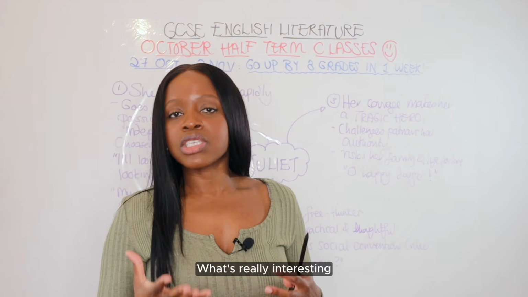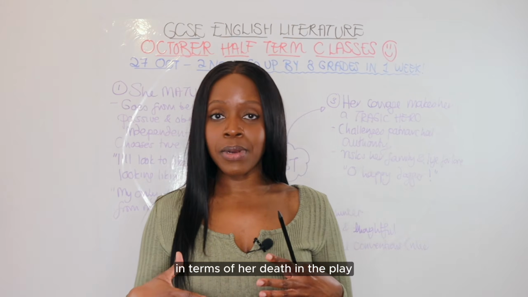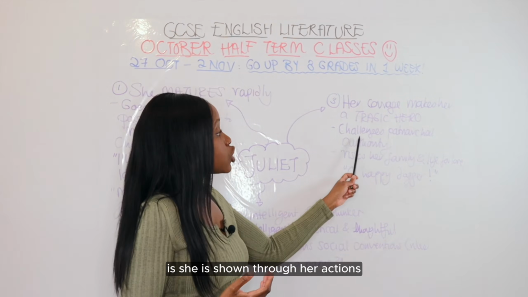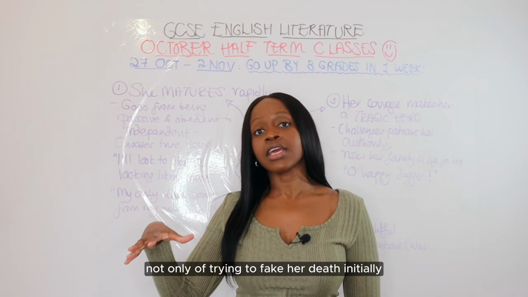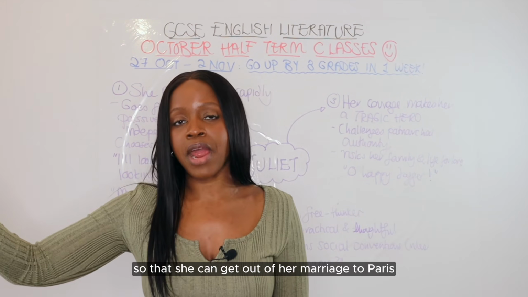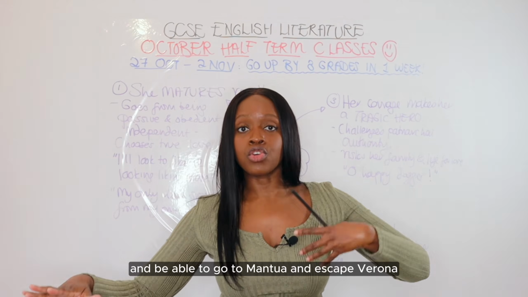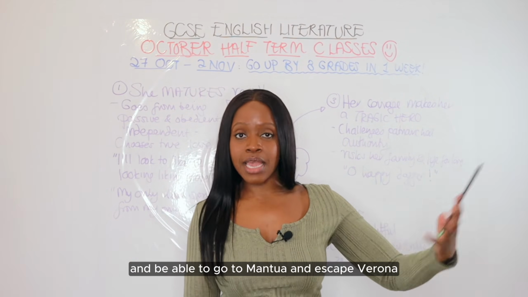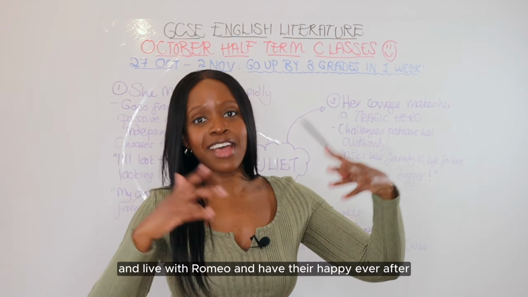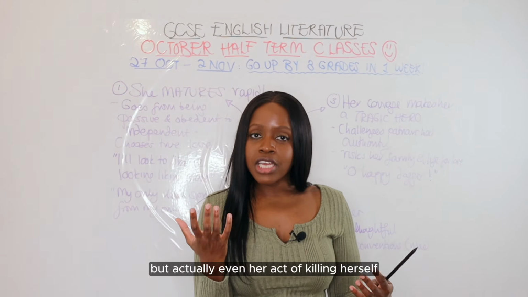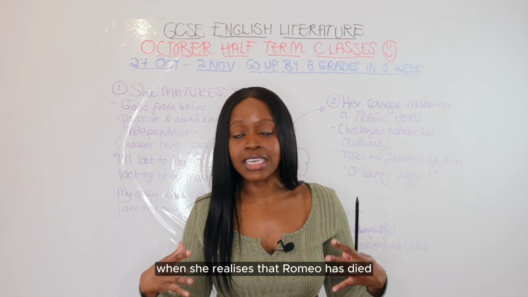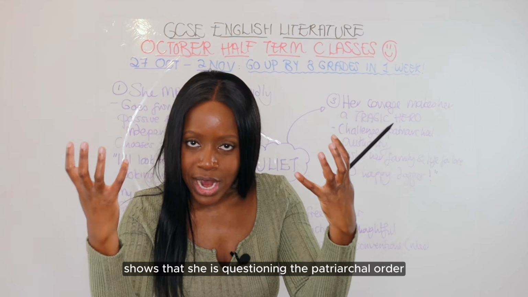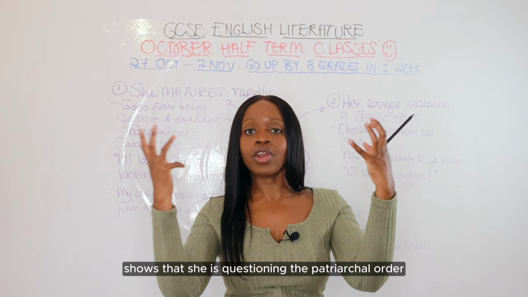Now, what's really interesting in terms of her death in the play is she is shown through her action, not only of trying to fake her death initially so that she can get out of the marriage to Paris and be able to go to Mantua and escape Verona and live with Romeo and have their happy ever after, but actually even her act of killing herself once she realizes that Romeo has died shows that she is questioning the patriarchal order at the time.